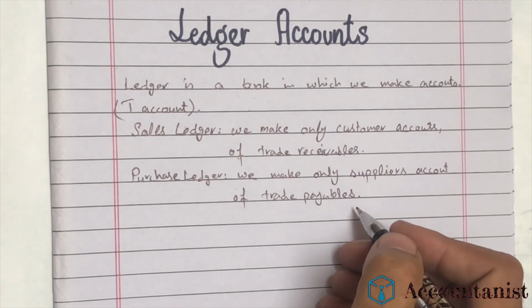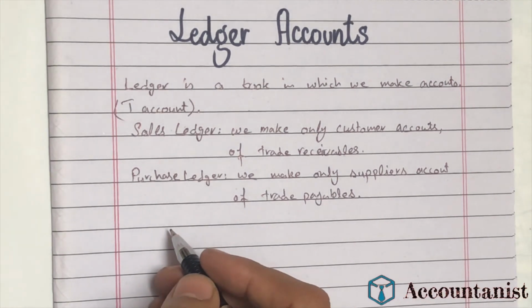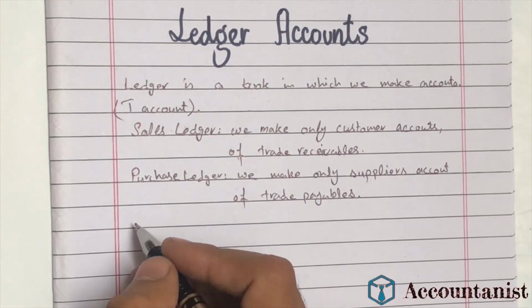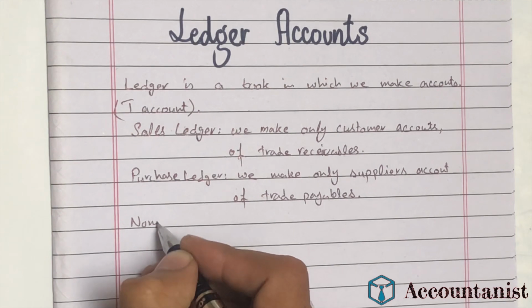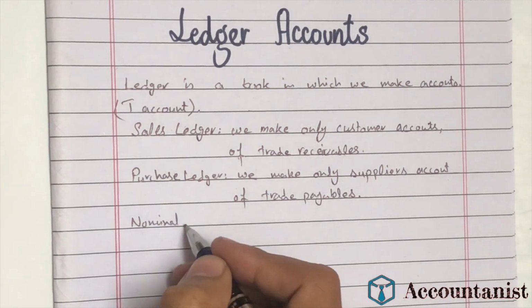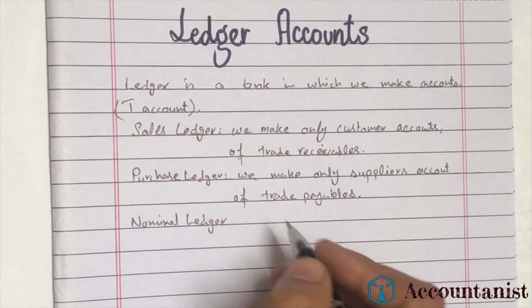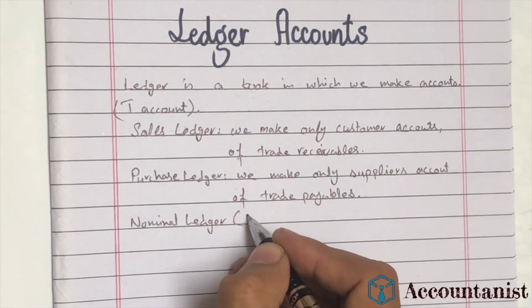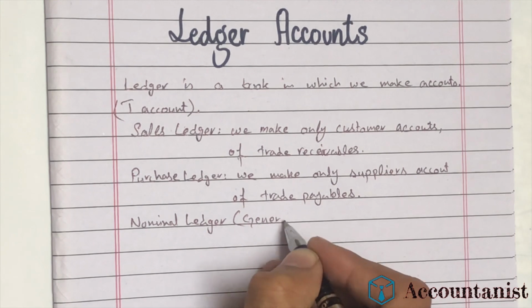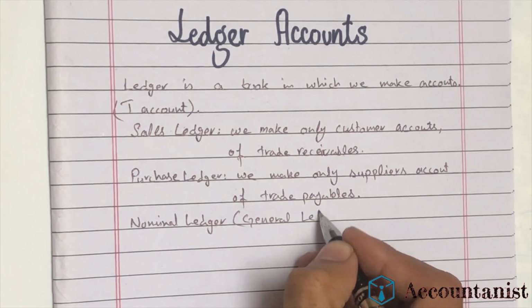The next ledger, the book of T accounts that we make, is called nominal ledger. We also name this as general ledger.